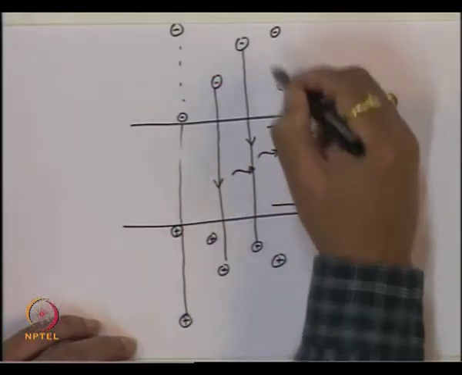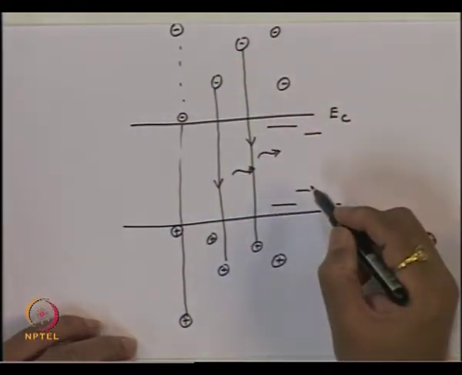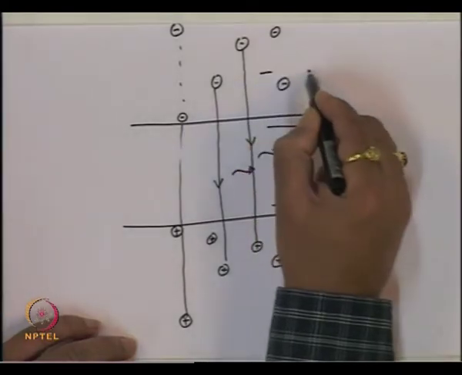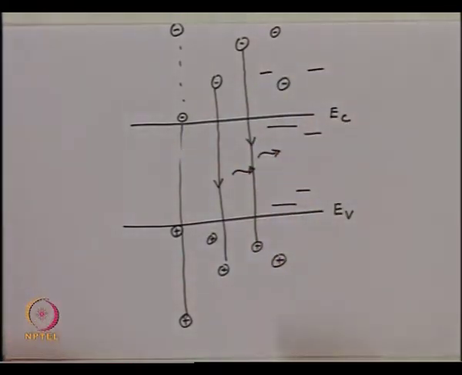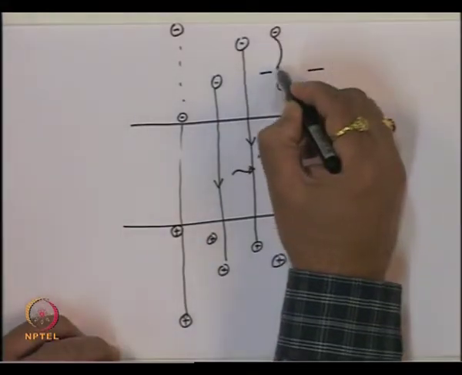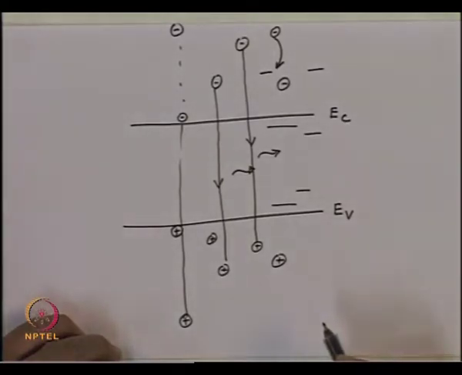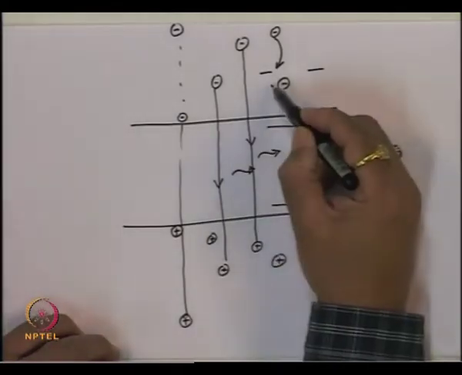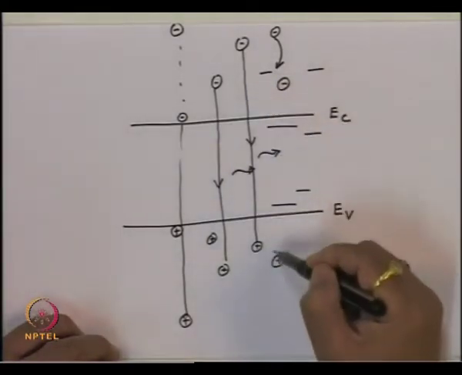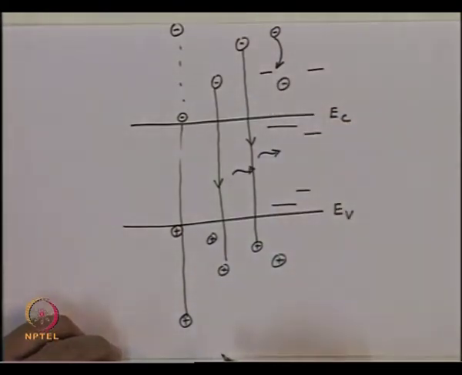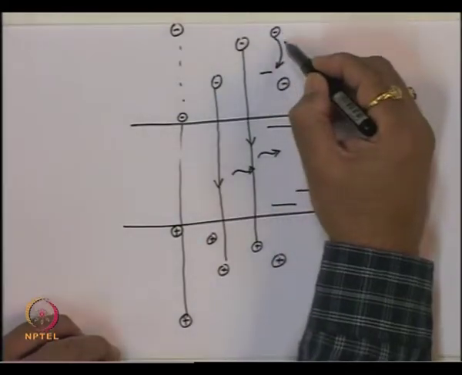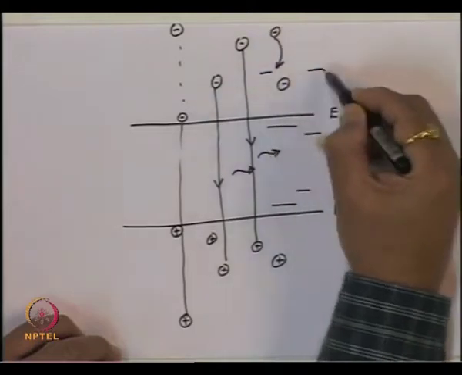Second thing what will happen is that if the electron is here at a very high energy compared to EC, and if the energy level is available here within the conduction band itself, then the electron may jump from here to here and can shed away certain energy. So, as the recombination of these electrons around the peak takes place with the holes, the higher energy electrons can jump down to fill those energy states.